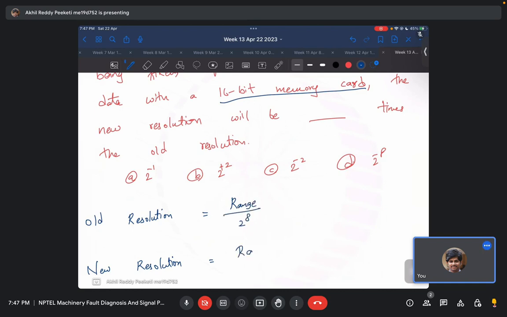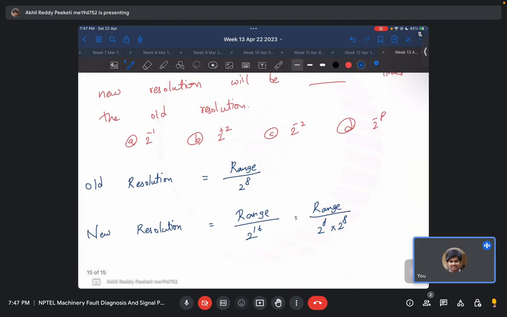New resolution is range by 2 power 16, right? Now this you can write as, I divided 16 as 8 plus 8, so 2 power 8 into 2 power 8.